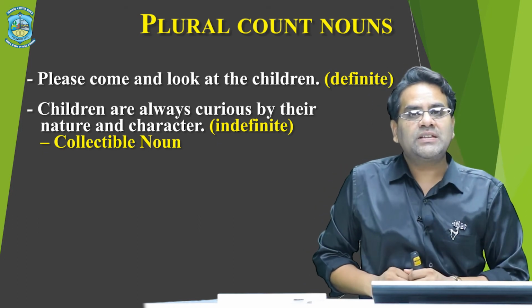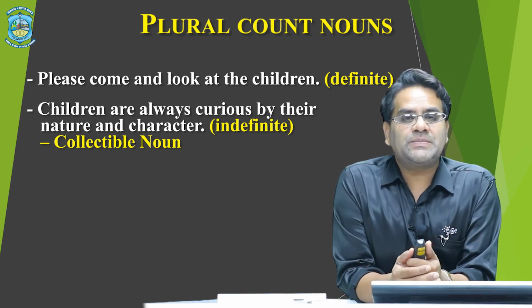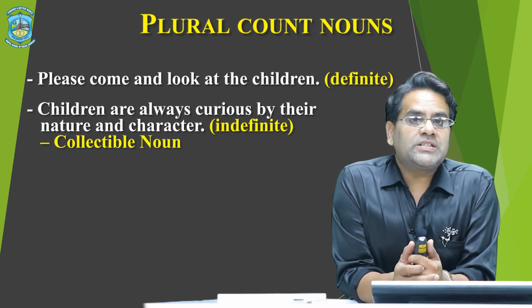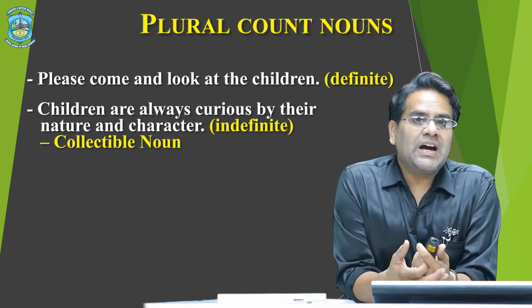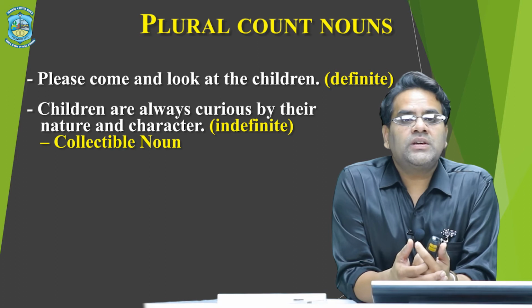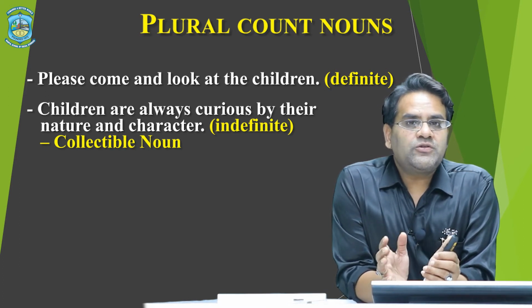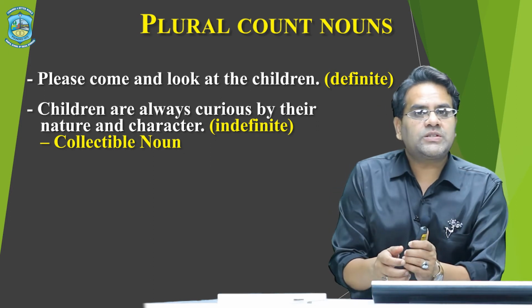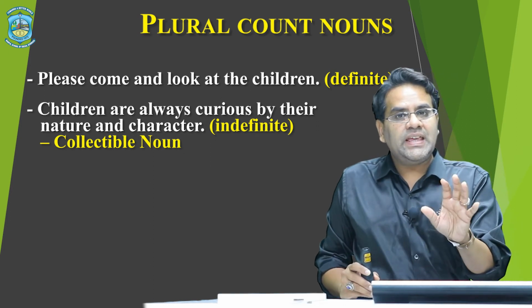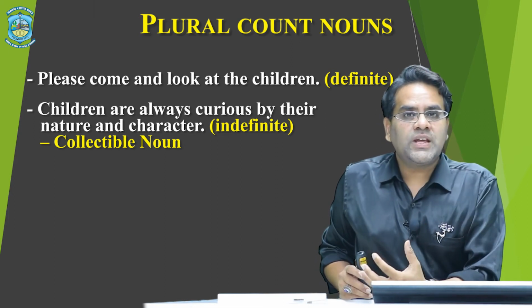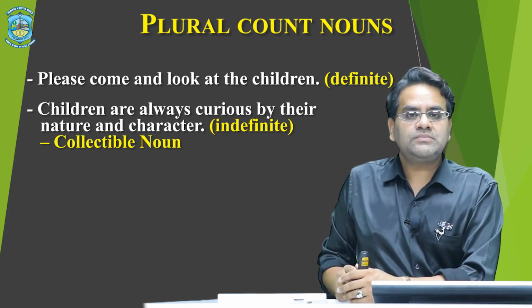This statement is an indefinite statement. So thereby, we are not permitted to attach "a." We have just directly started with the noun children. All right, did you find the difference? I hope you have understood the difference now between "the" and "a." That's how these plural count nouns actually work.